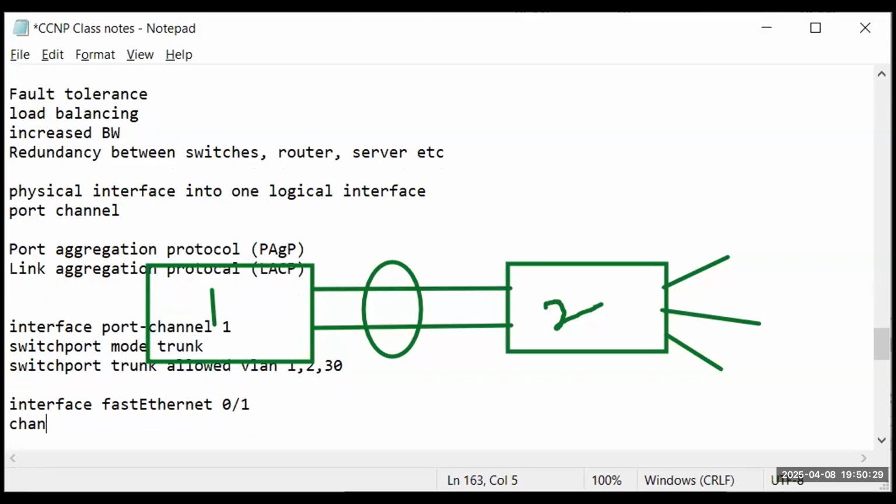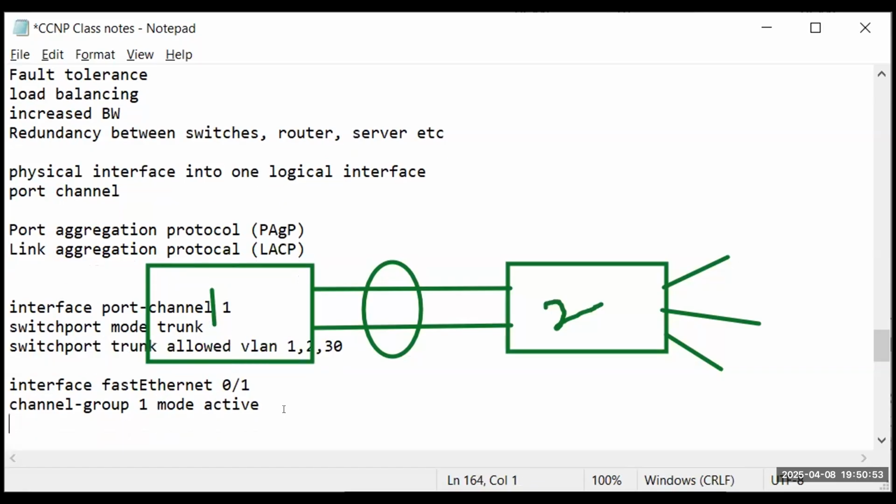There you call this logical interface: channel-group 1 mode active, because the port channel we described there is port 1.